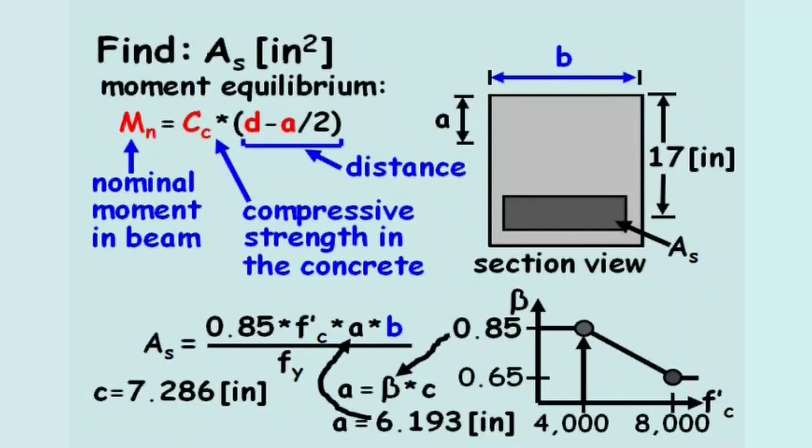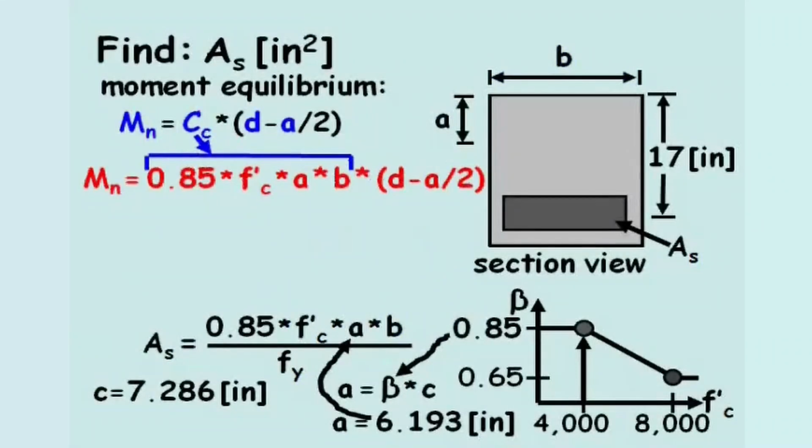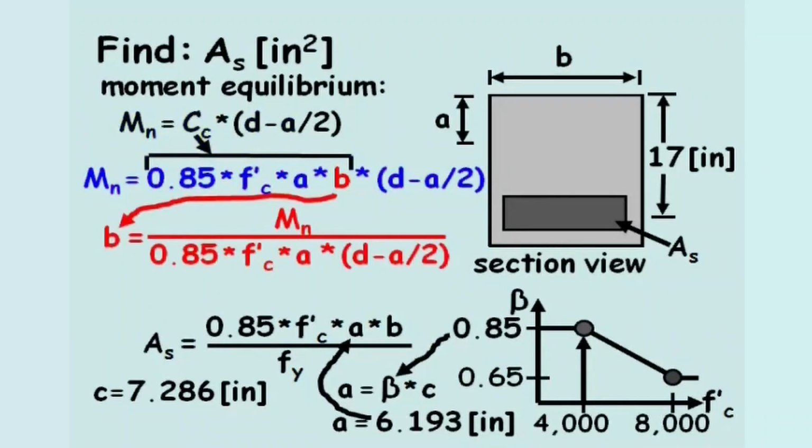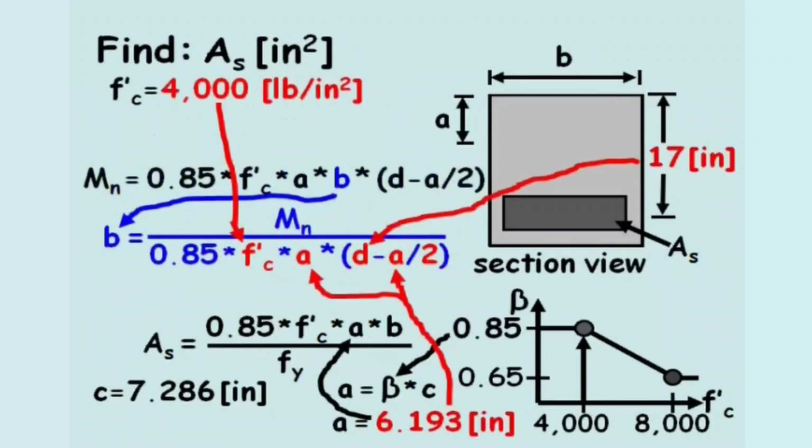If we expand the compressive strength term and then isolate the variable B, we find the beam width equals a quotient involving the nominal moment, F'c, A, and D. In this equation, we already know F'c and the lengths A and D. So we're left to find the nominal moment, Mn.